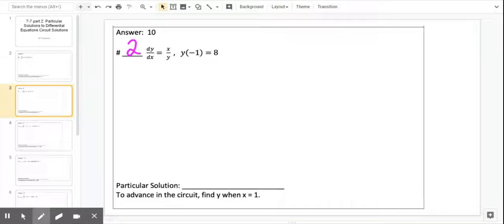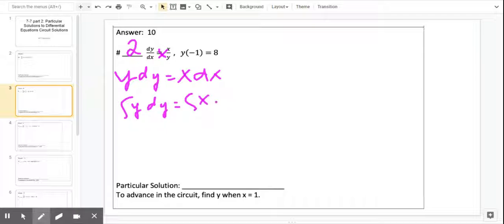So for this one, I see that I've got a y and a dy, so I'm going to cross multiply here. So y dy equals x dx. Then I can go right ahead and integrate both sides. So then I have 1/2 y squared equals 1/2 x squared plus c.